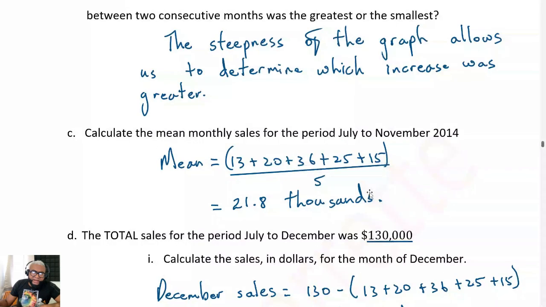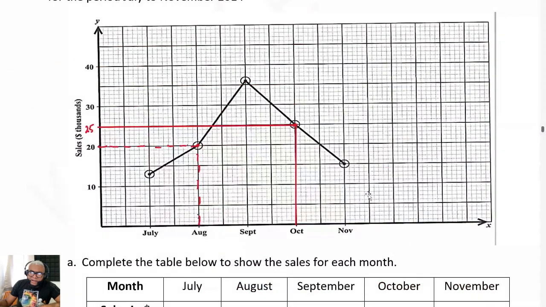So completing the line graph, it is 21, right? So December, you'll realize how many centimeters apart is this? How many centimeters apart are November and December?